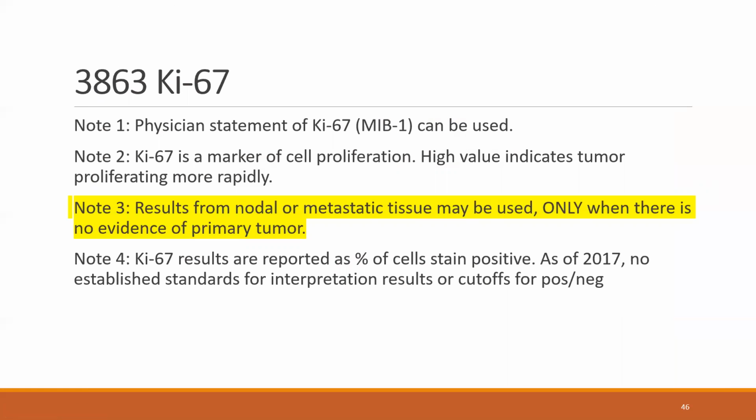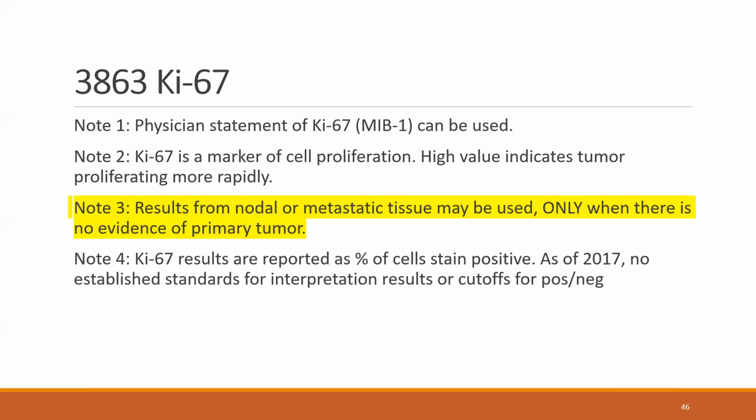Let's look at the Ki-67. This is a marker of cell proliferation. How fast is the tumor proliferating? How quickly is it dividing? You can use results from the mets from a lymph node or metastatic tissue, again only if there's no evidence of primary tumor.